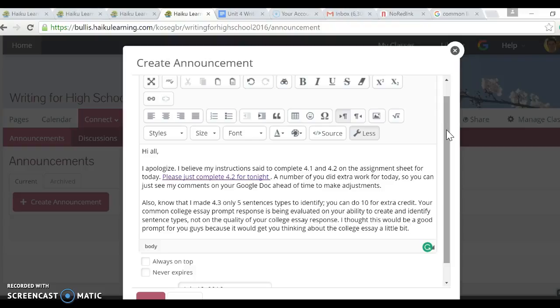Also, I scaled back 4.3 a little bit so that when you're writing, you're identifying 5 different sentence types, not 10, although you can do 10 for extra credit, and that assignment is going under the papers category. So that may be an incentive for you a little bit.